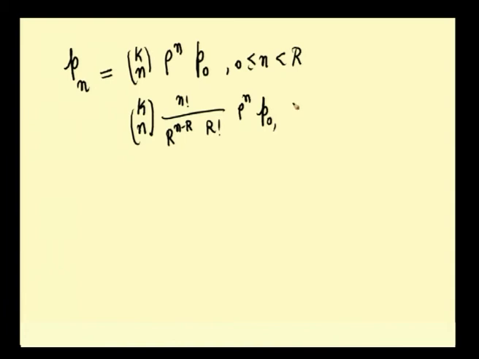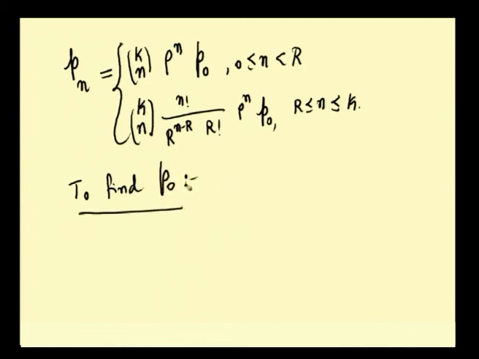This is the case when R is less than or equal to n, less than or equal to k. When n is greater than k, all these values will be zero, because no arrival is possible and hence no service either. So, we get 0. Next, our aim would be to find P naught.